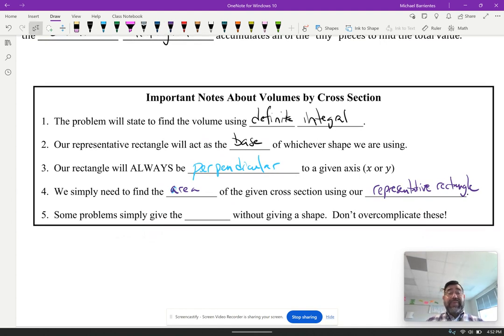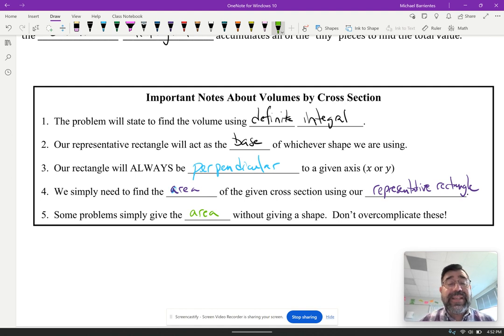And some problems, sometimes they're nice, and some problems simply give the area function without giving us the shape. And so sometimes that kind of makes students a little anxious because they usually start by thinking, what is the shape of my cross section? But sometimes they advance that thought process and give us the area without giving us the shape at all, and we can still figure it out.